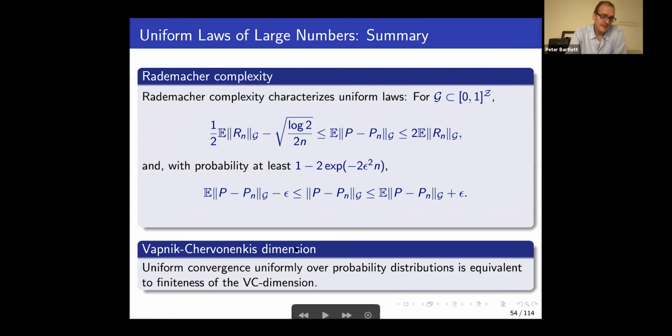The VC dimension gives us an upper bound on the Rademacher averages. If we're interested in having this sort of uniform convergence property hold for every probability distribution in the case of binary valued function classes, then finiteness of the VC dimension is actually necessary for the worst case probability distribution. So it gives us a lower bound in that case also.